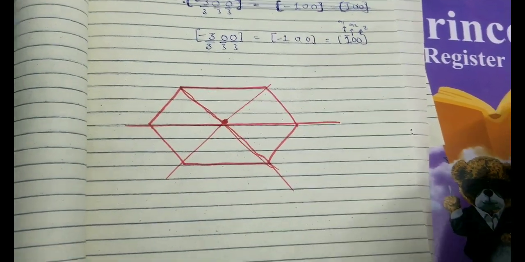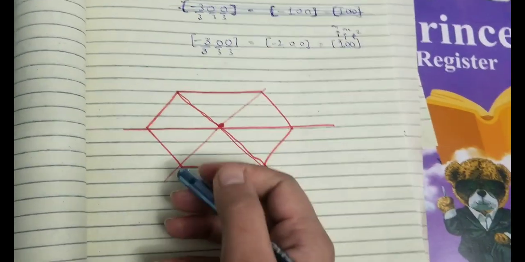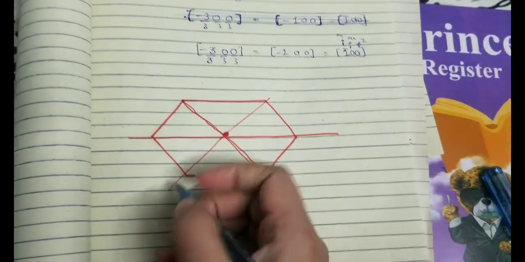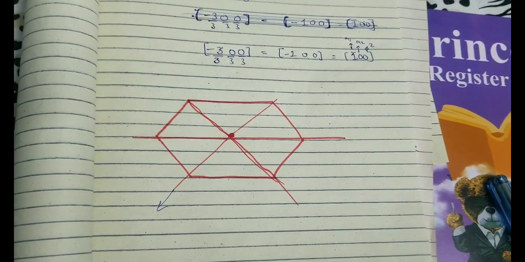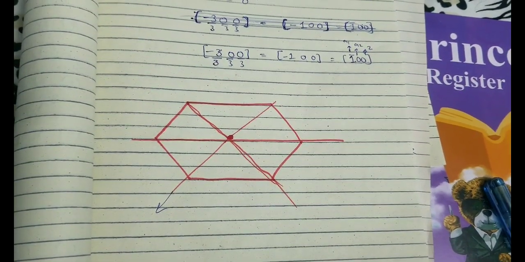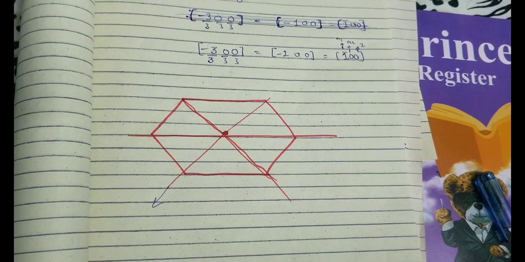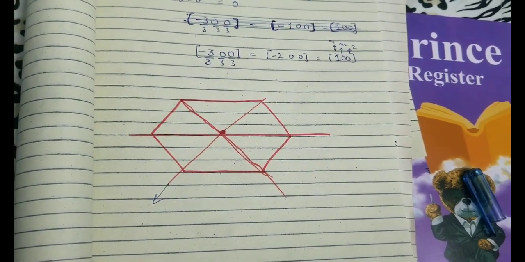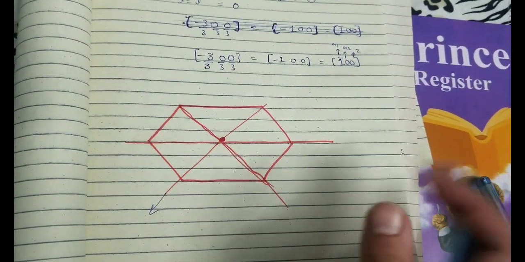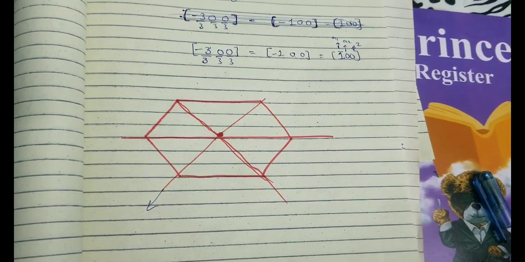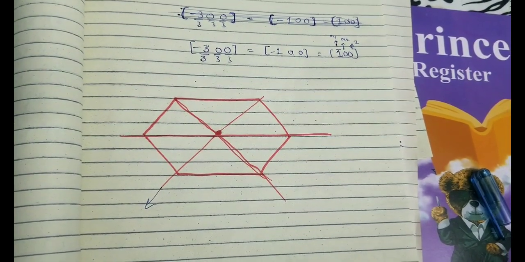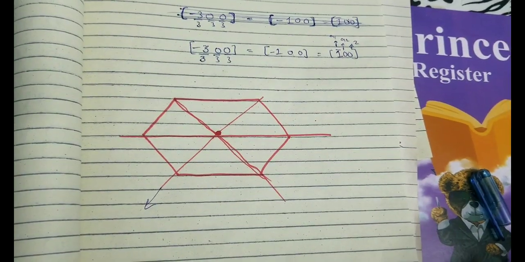Let us first draw the direction, and after that we'll draw the lattice points. Lattice points are the actual atoms of which the crystal is made, while interstitial sites are extra atoms that just fit into the structure.